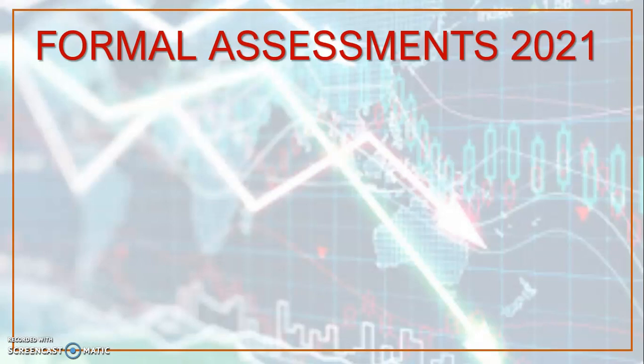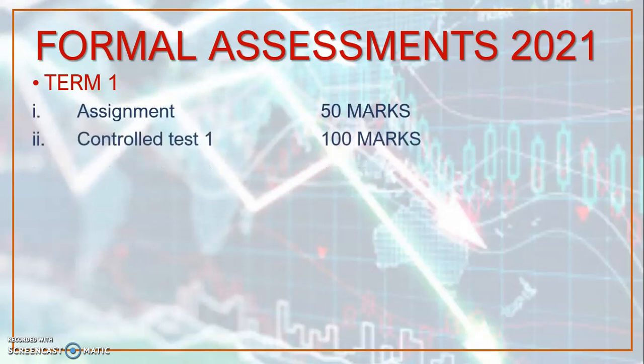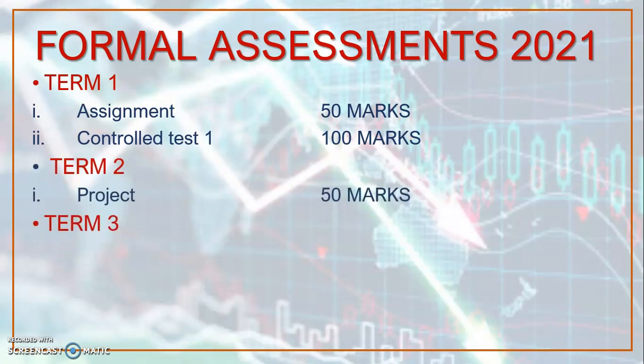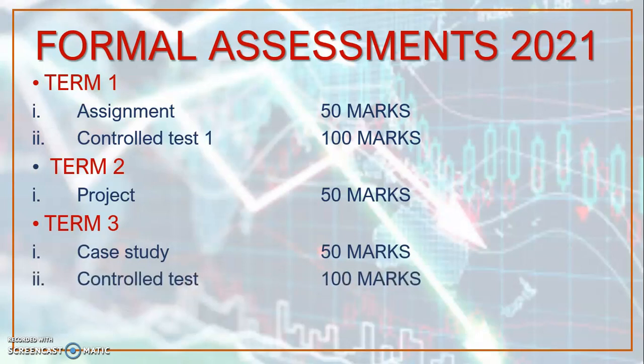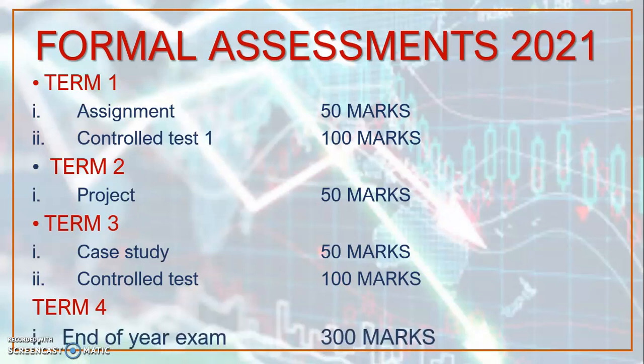Right, now let's look at the formal assessments that you guys can expect this year. Term 1, you have an assignment, 50 marks. You have a control test, 100 marks. Term 2, you are going to get a project for 50 marks. Term 3, you are going to get a case study for 50 marks, and then a control test for 100 marks. And then term 4, you're going to get your end of year exams for 300 marks.